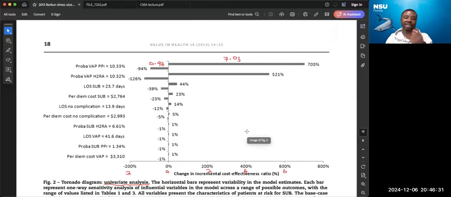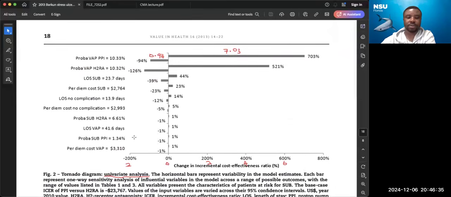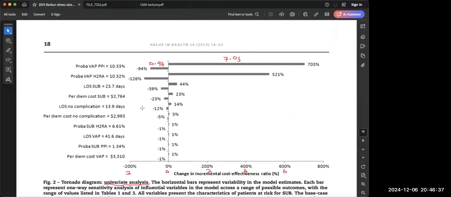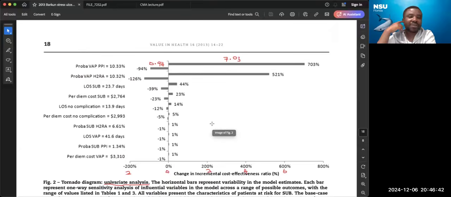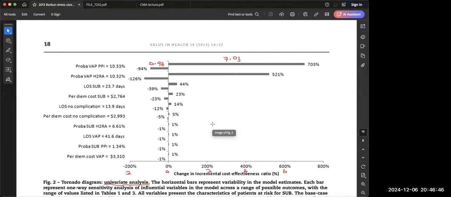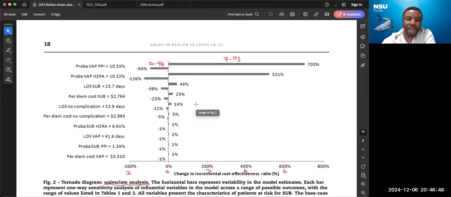So now let's come back to the sensitivity analysis. For the sensitivity analysis, what kind of graph is this? Tornado. And what is it used for? What kind of sensitivity analysis do you use this graph for? One way. Okay, so one way. So on this graph, what are we looking for?